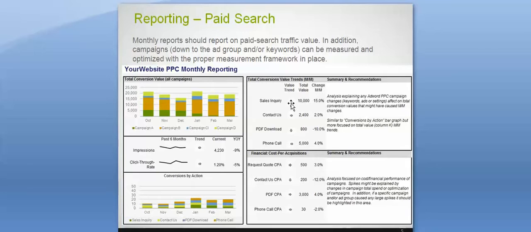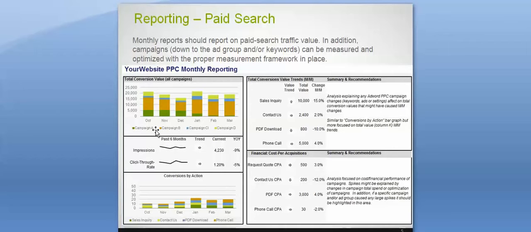month? That's this trend. So if we're making changes to the pay-per-click campaign, we're optimizing it. Hopefully these trends are at least even or flat, but hopefully they're going up, and we're seeing a positive change month over month. The left side is kind of a grouping, more of an aggregate.